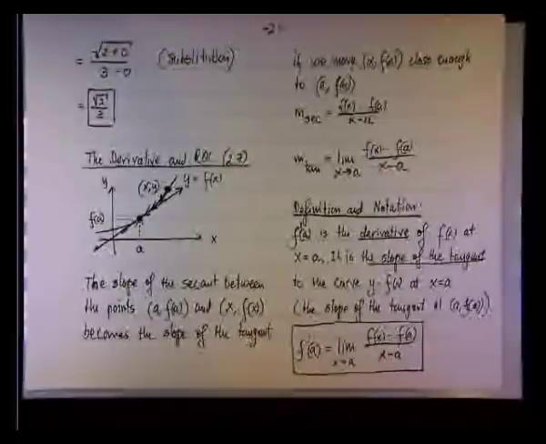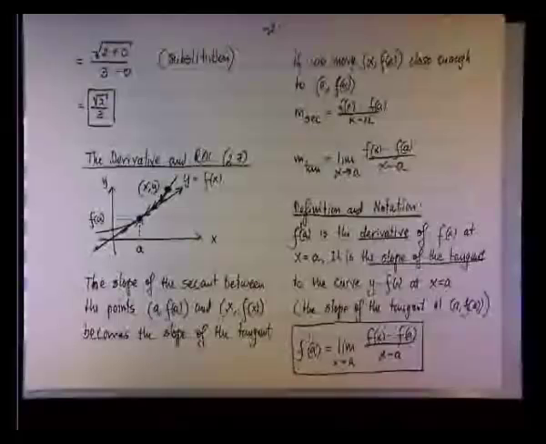So the derivative or the secant or the tangent, they all represent a rate of change. While the secant represents an average rate of change, if you recall, we use the term AROC, average rate of change, the tangent represents instantaneous rate of change, or rate of change at a certain value of x.